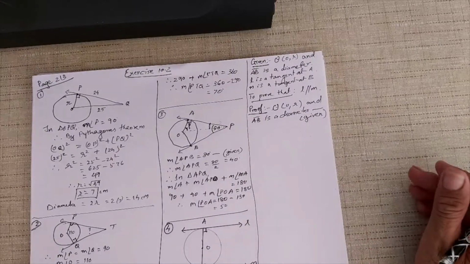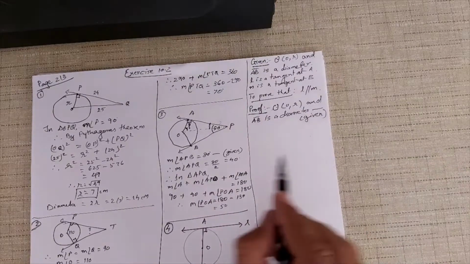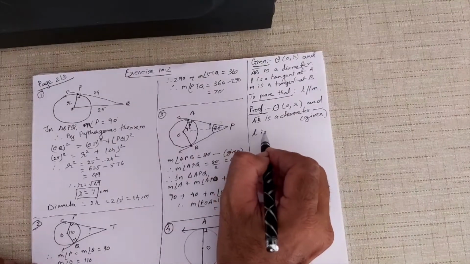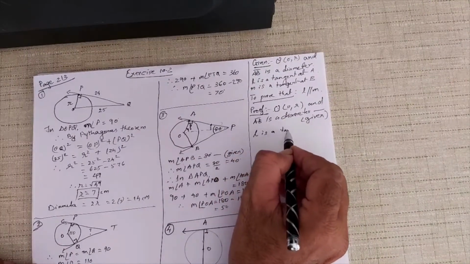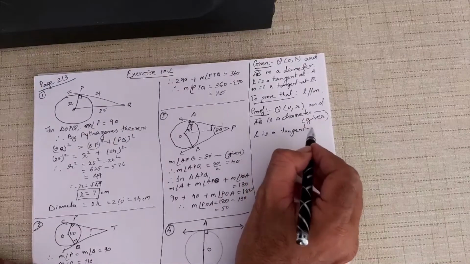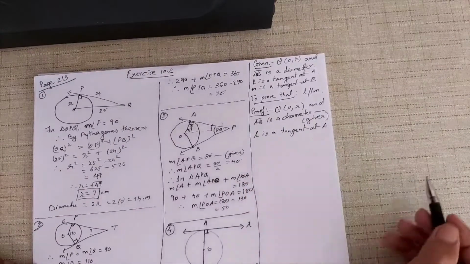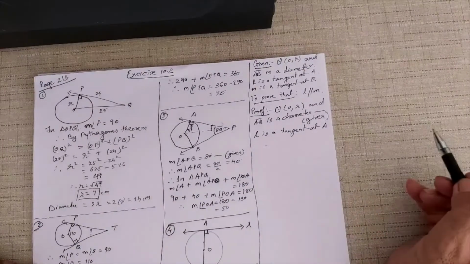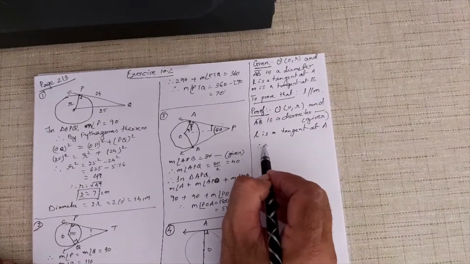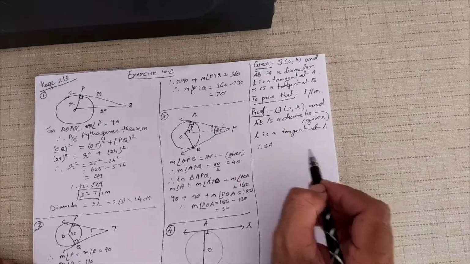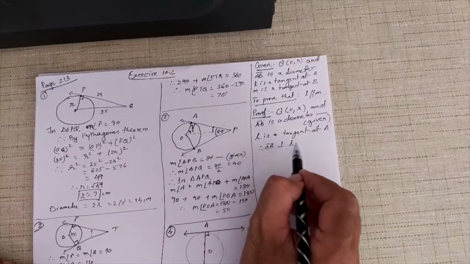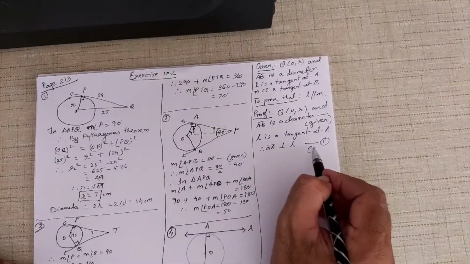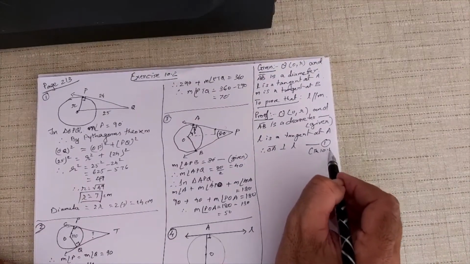Now, after that, L is a tangent at A. Therefore A lies on the circle and on the tangent also. Therefore you can say that OA is perpendicular to L. Let this be result number 1, by theorem 10.1.